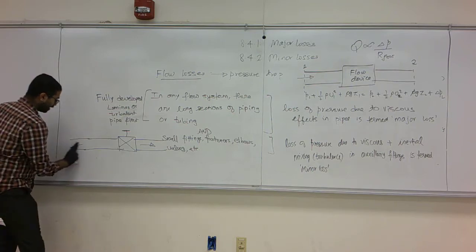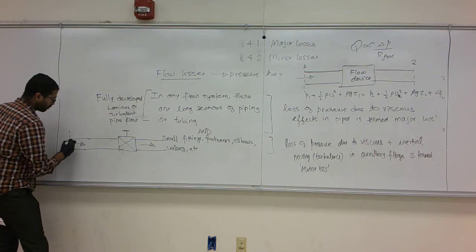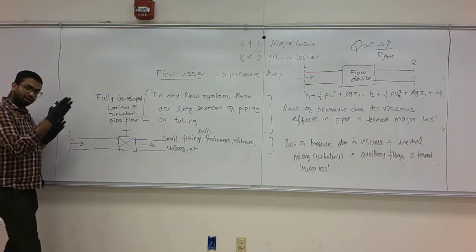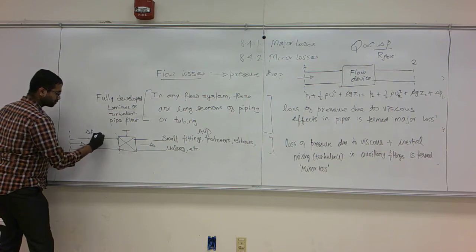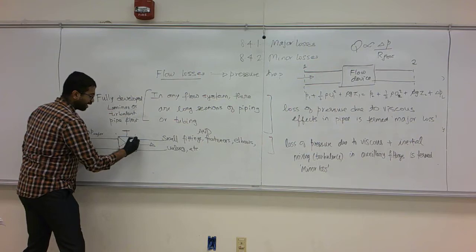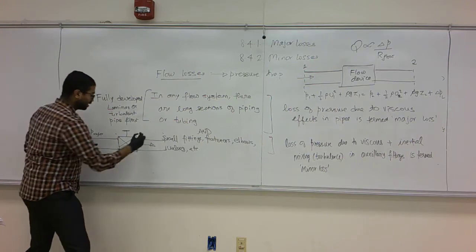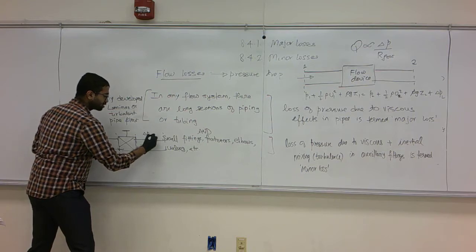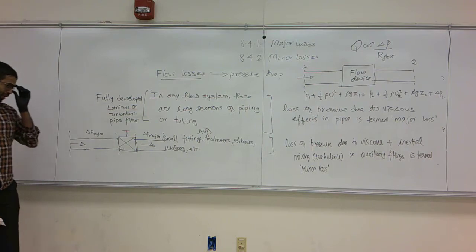Now, you could have the flow coming from left to right. You have a pressure drop from here up to the valve. Okay, so this is a major loss. And on the other side, from the valve until the end of the pipe or until it meets another fitting, we have another major loss, which is the pressure loss through the straight section of the pipe.